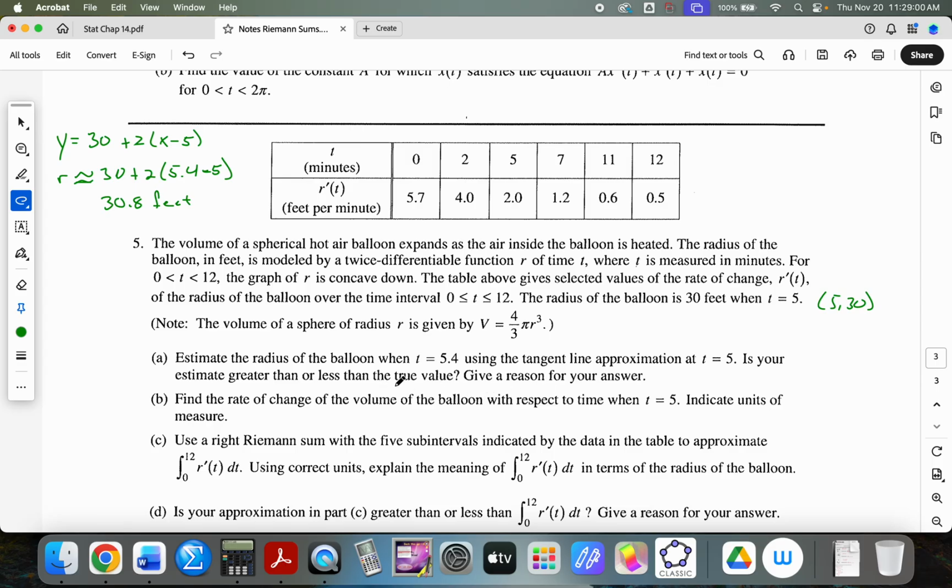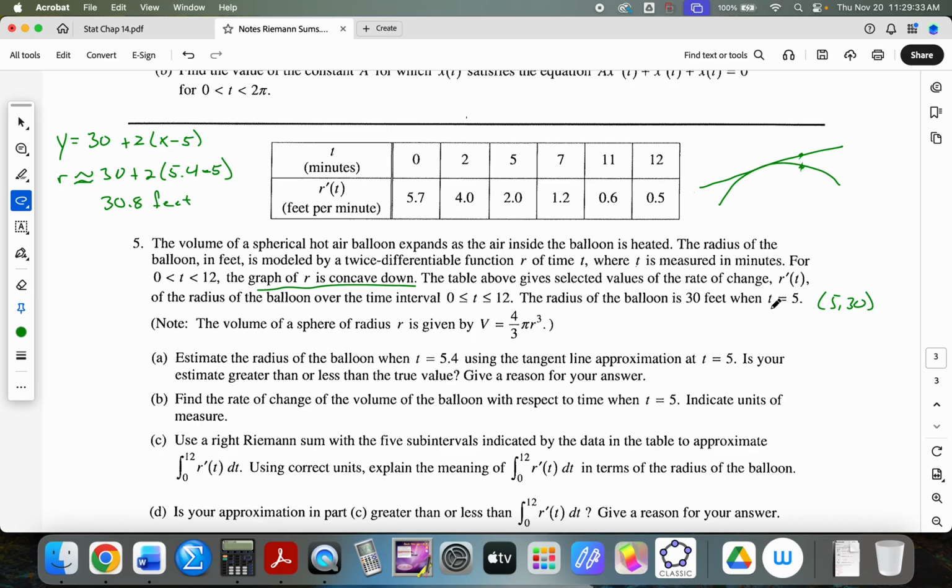Then they ask the question, is your estimate greater than or less than the true value? And the reason is buried almost right in the middle of this. It's because the graph of R is concave down. If we look at the graph of R and it's concave down, and we do a tangent line approximation anywhere, and then we estimate, is our estimate going to be too big or too small?